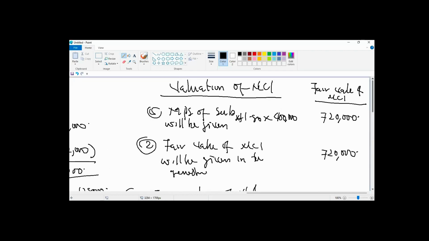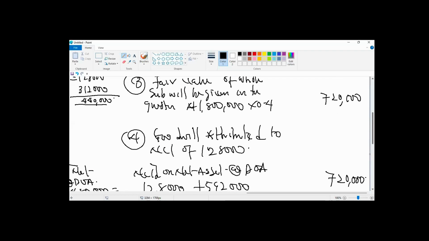If they give you market price per share, the fair value of NCI must be the same as when they give me the fair value of the NCI directly. When they give me fair value of the whole subsidiary, I will still get the same thing. When they give me goodwill attributed to NCI, I will still get the same thing.